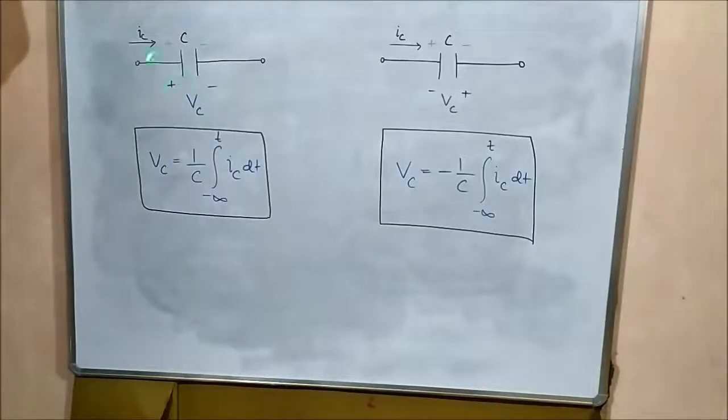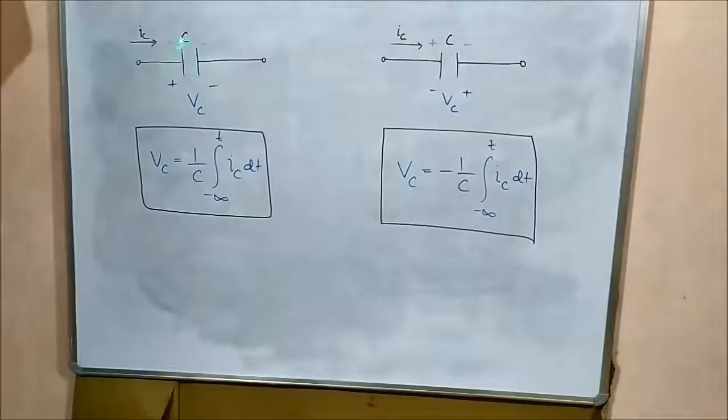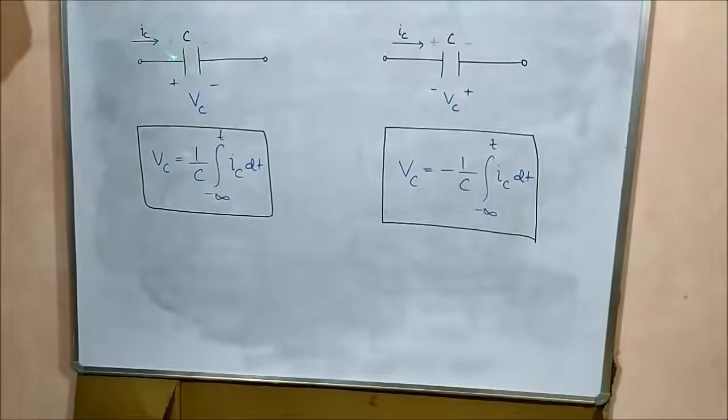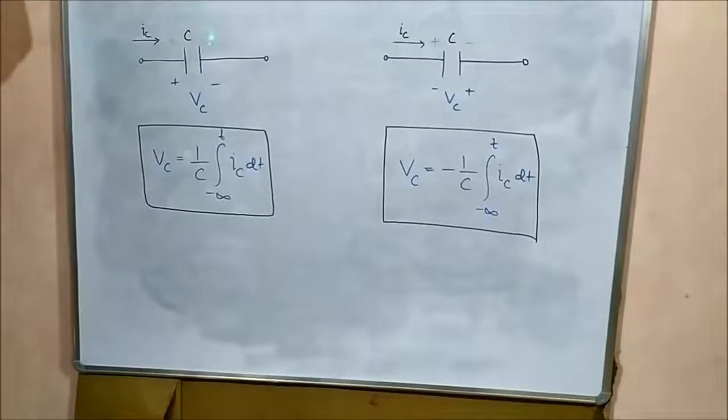So here in the first case you can see we have a parallel plate capacitor, or a normal capacitor, with capacitor current flowing from left to right in this direction. Now pay attention to the polarity which is placed on the capacitor. It is plus and minus. The current flows from the positive sign to the negative sign internally through the capacitor.